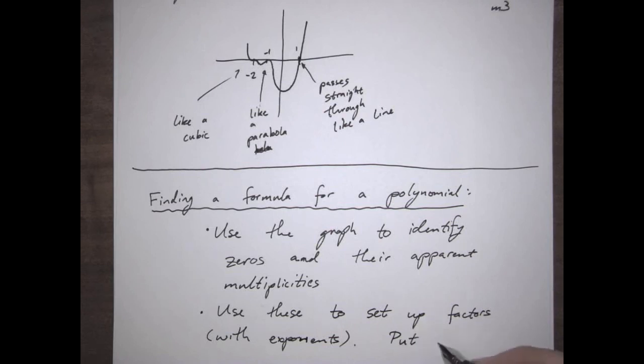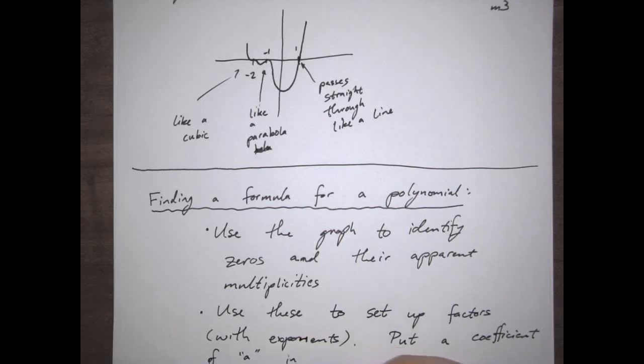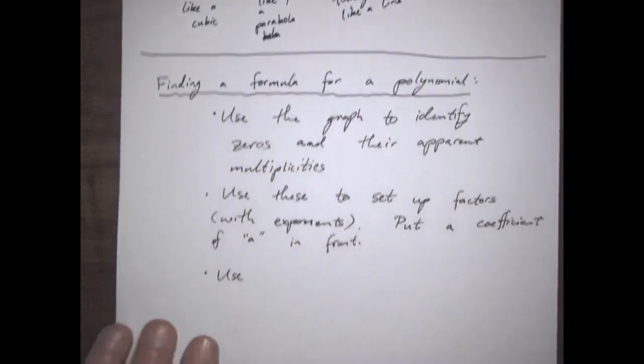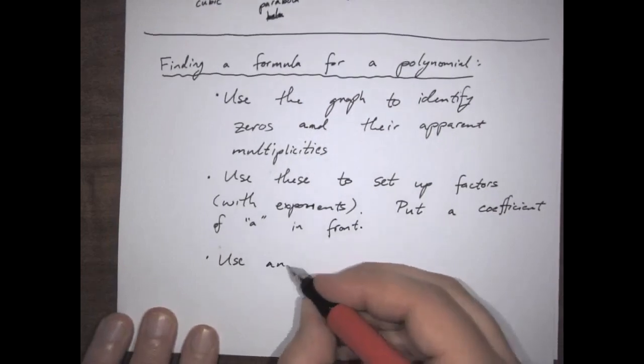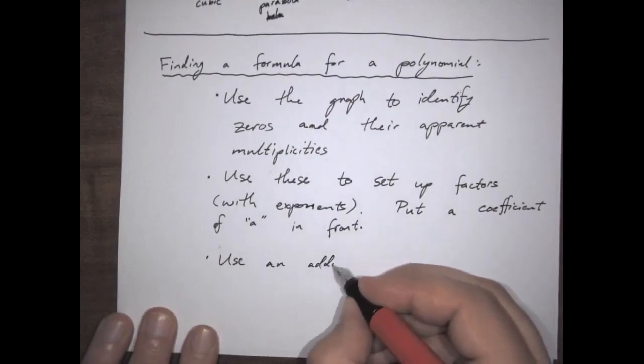So put a coefficient of, and we'll just call it a letter like A, in front. Then use an additional point.